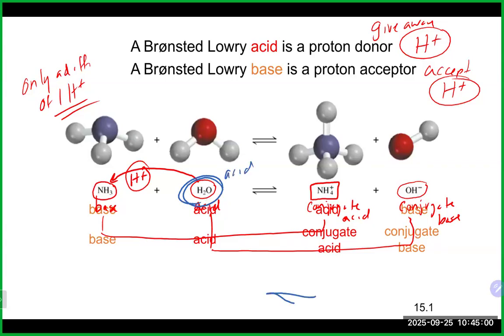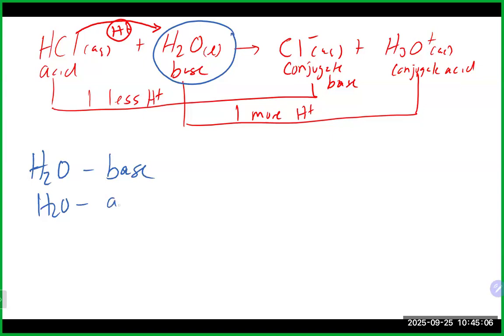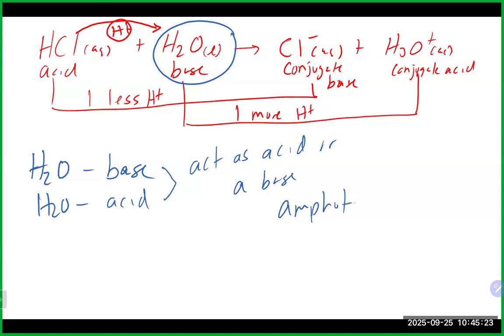So on the previous slide, water was an acid, and in this one, water is a base. There are substances, and water is one of those, that can act as an acid or a base. And those things are known as being amphoteric. So an amphoteric substance is a substance that can act as an acid or a base.